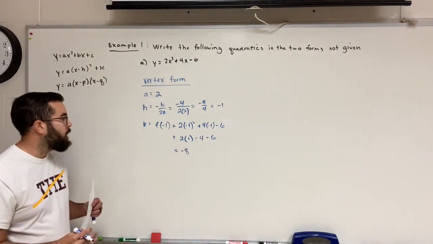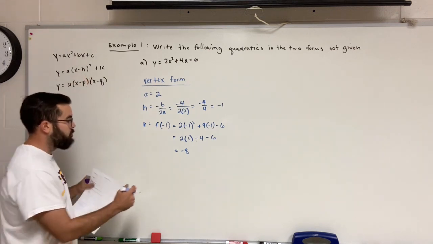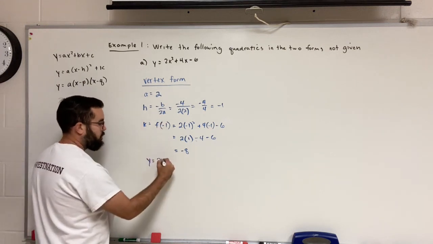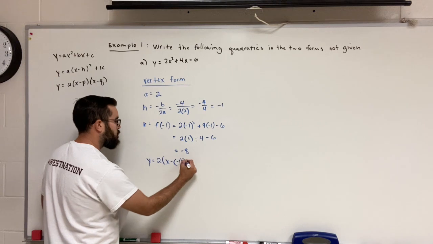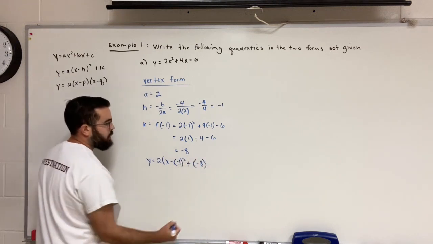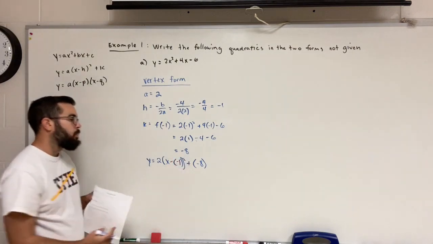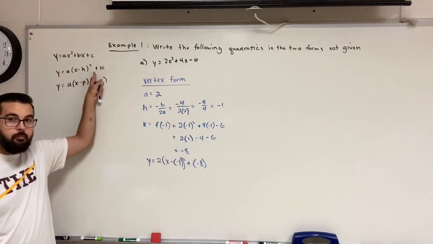All right, so now we have a, h, and k. It's just a matter of plugging into that formula. So we have 2 times (x minus negative 1) squared plus negative 8. All I did is substitute a, h, and k into that general form.